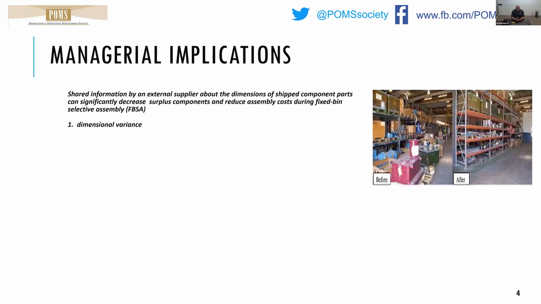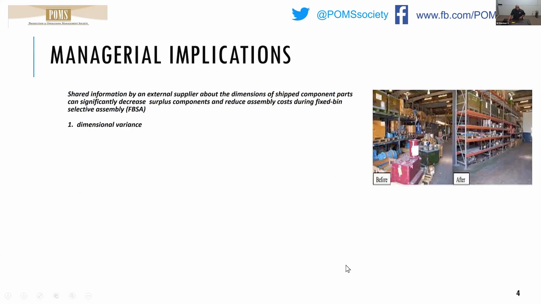There were many significant managerial implications of this study. The first one is that shared information by an external supplier about the dimensions of shipped component parts can significantly decrease surplus components and also reduce assembly costs.